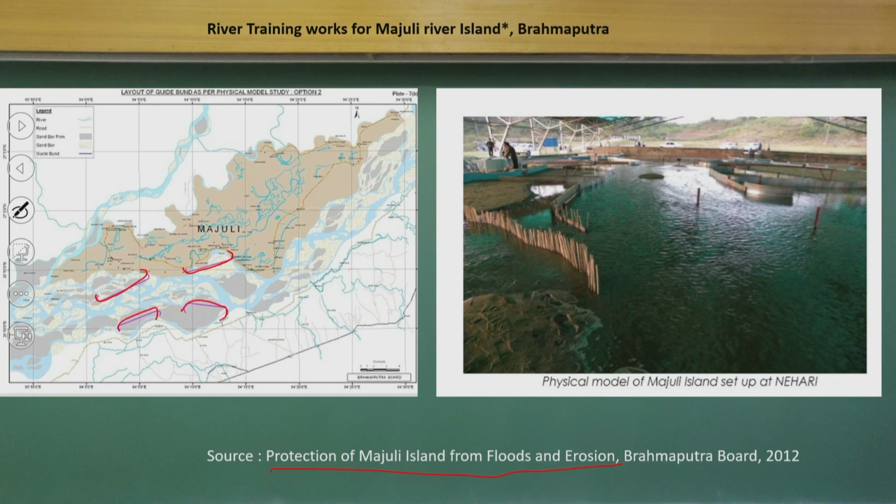For that, a physical model was set up with a permeable spur and a guide bank, to know how they perform in diverting and channelizing the flow. In the figures you can see the channels, the island, and the guide bank, and the same is put in the physical model.